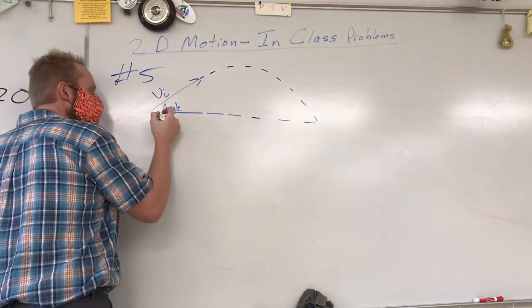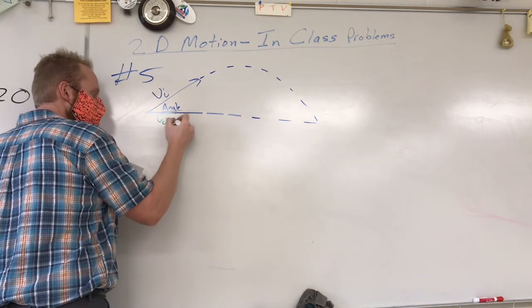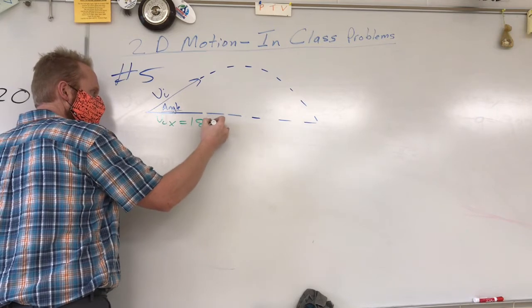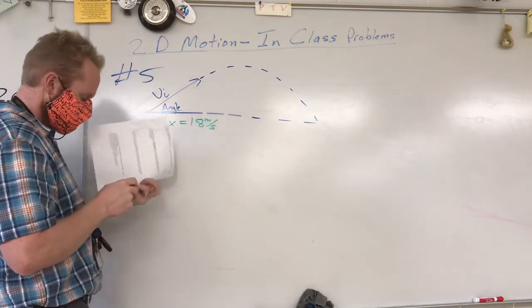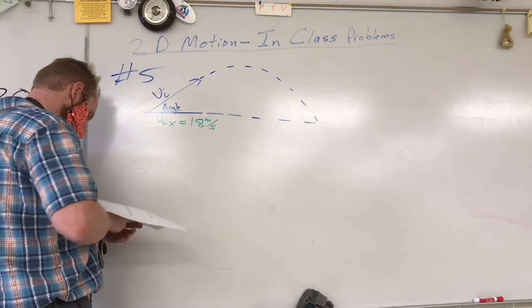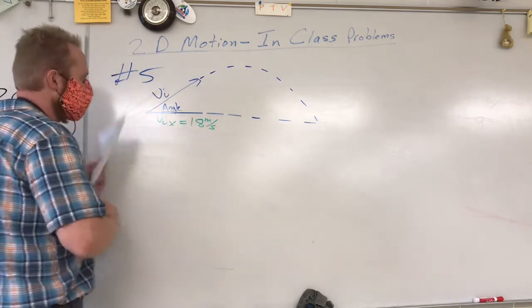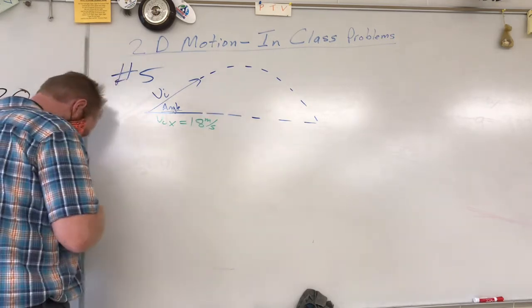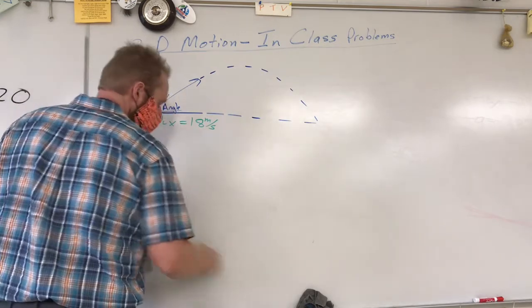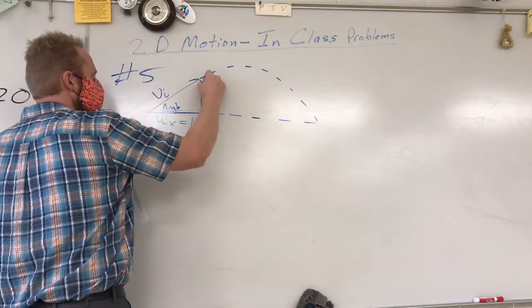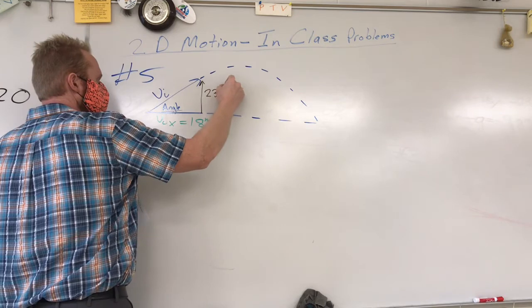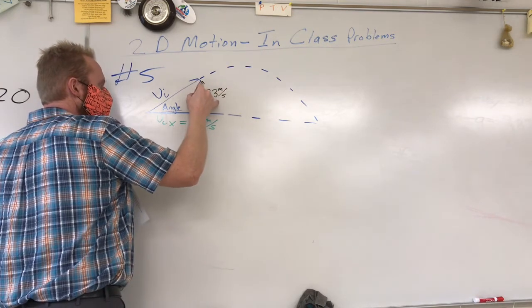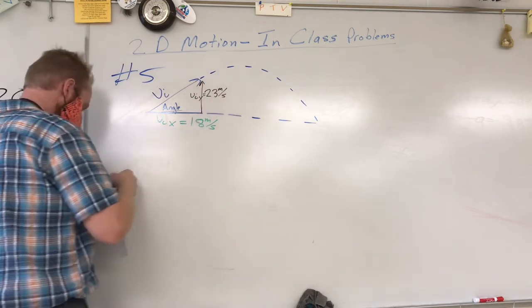So VIX is equal to 18 meters per second, and 23 meters per second in the y. So VIY is equal to 23 meters per second.